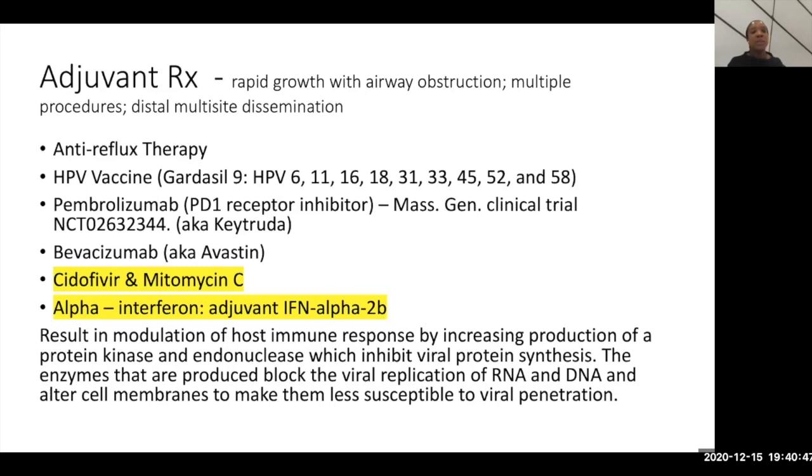There is evidence already that reflux drives the inflammatory process. So you need to think about anti-reflux therapy in this patient. Mr. Jonas has already mentioned the HPV vaccine, which has really grown and is now a 9-valent vaccine that covers 6, 11, 16, 18, 31, and the others.